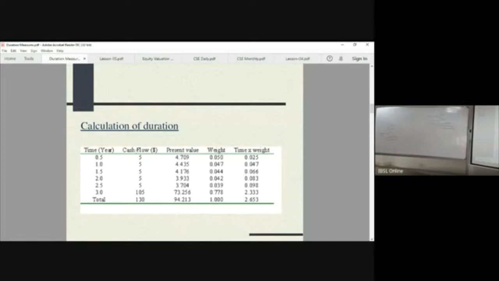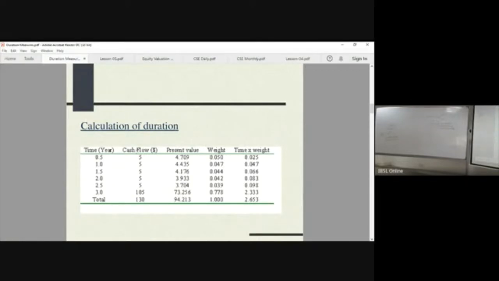Only change the coupon payment and do the calculation again. Every other thing remains the same. Coupon payment you have changed to 8% rather than 10%. So the cash flow will become 4, 4, 4, 4, 4, and then the last cash flow would be 104.